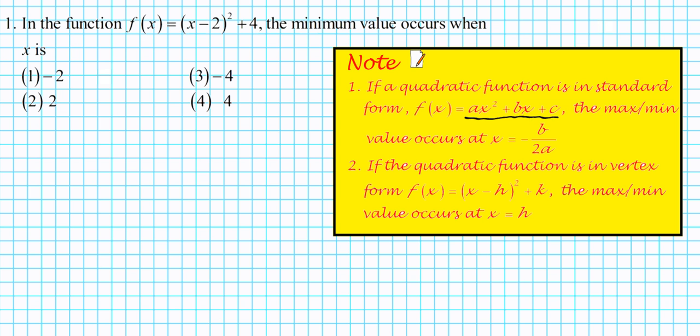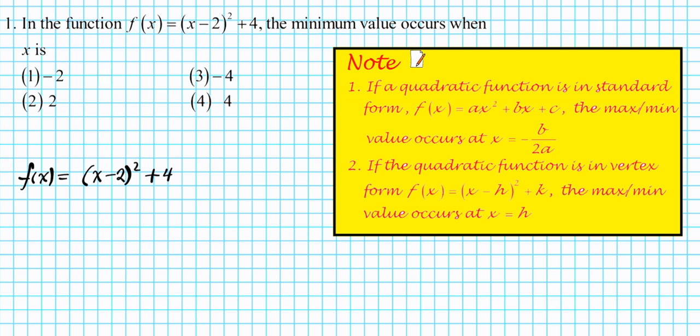On the other hand, if you're provided the quadratic function in vertex form, (x minus h) squared plus k, then the x value of the maximum or minimum can be computed by determining what the value of h is. So let's take a look at the function we have here. We have f of x equals (x minus 2) quantity squared plus 4.